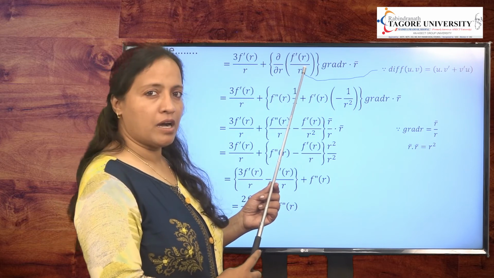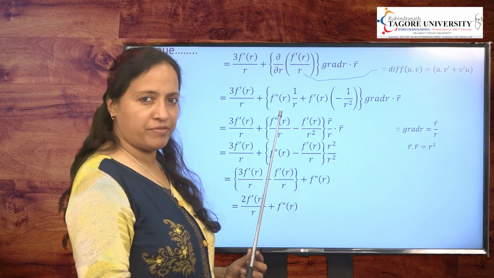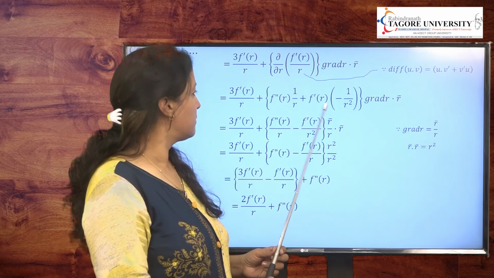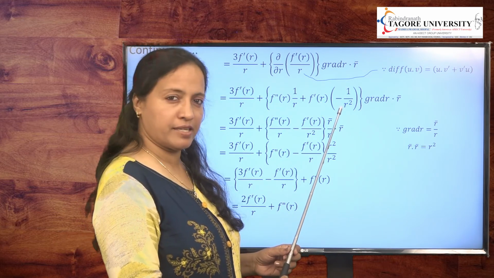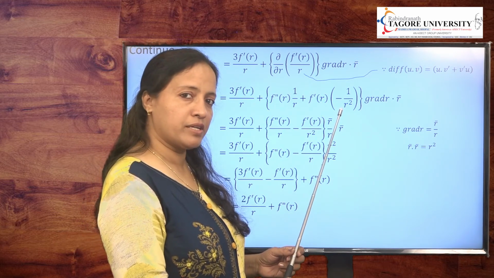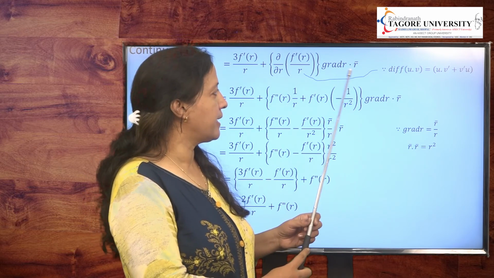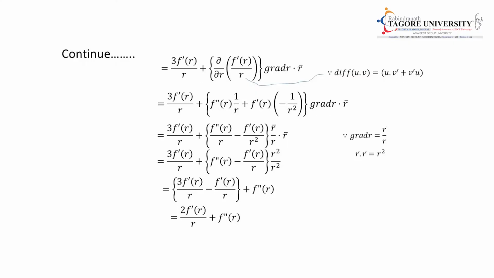Now let us see how to differentiate. Differentiation of f dash r, second function as it is, 1 by r, plus first function f dash r as it is, differentiation of second, minus 1 by r square. Differentiation of 1 by r is minus 1 by r square. Grad r dot r cap. 3 f dash r by r as it is.